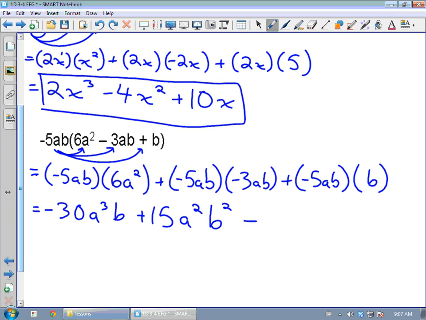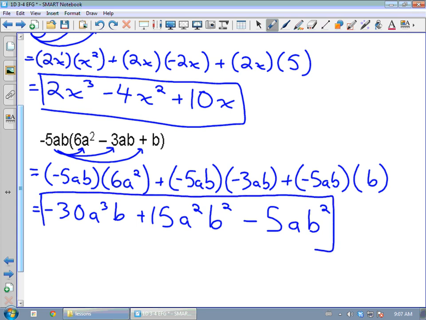Finally, negative 5 times 1 gives me negative 5. I don't have anything that matches up with that a, so it stays as an a. B times b gives me b squared. So my final answer, negative 30a cubed b plus 15a squared b squared minus 5ab squared.